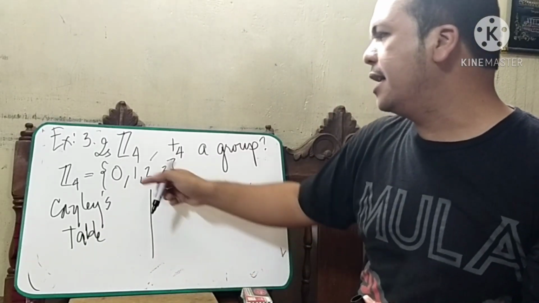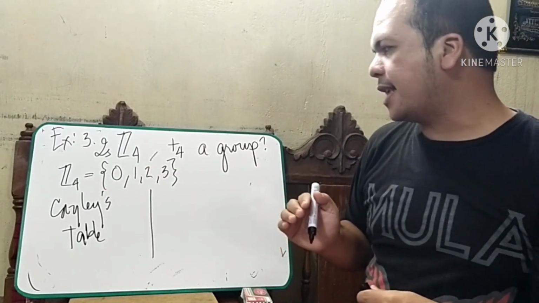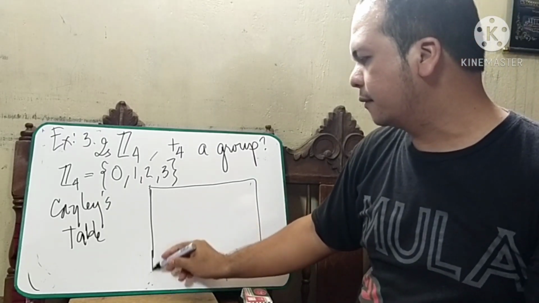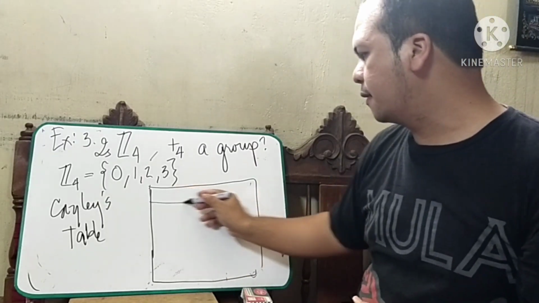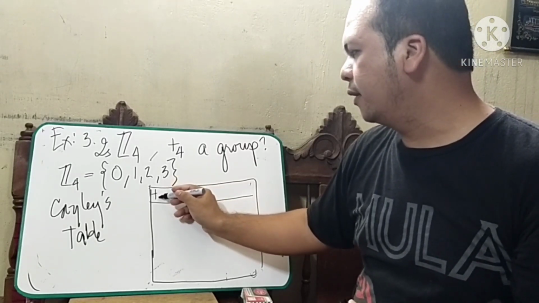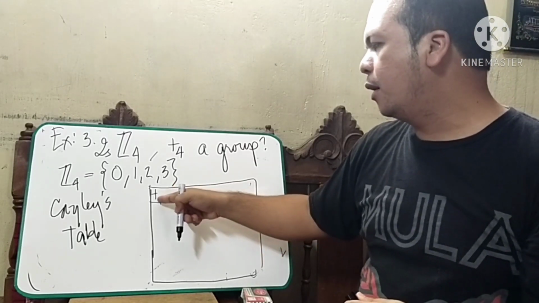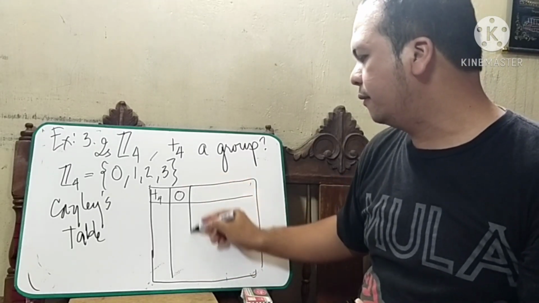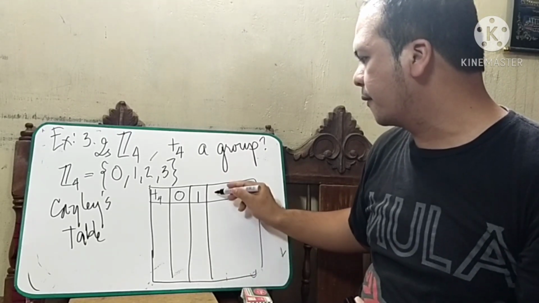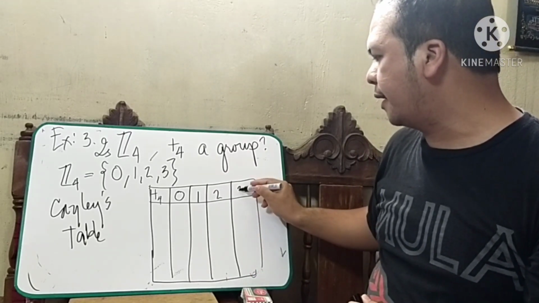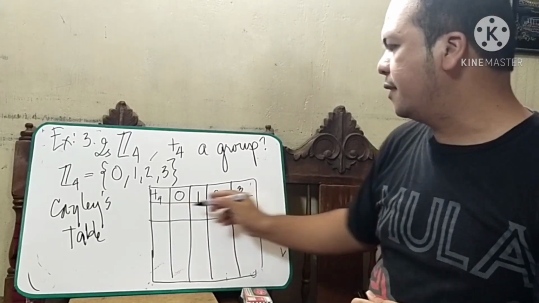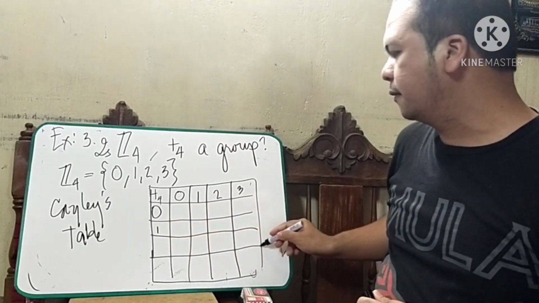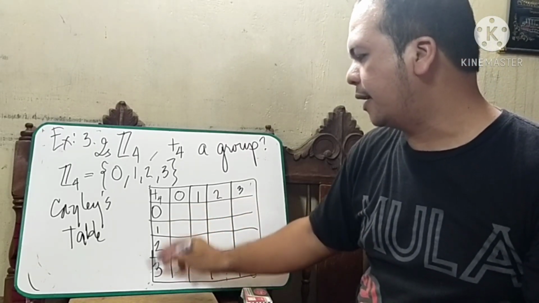So since this set here has exactly 4 elements, we have addition. On this part, we write the operation. Then we have 0, 1, 2, and 3. Then we also have 0, 1, 2, and 3.